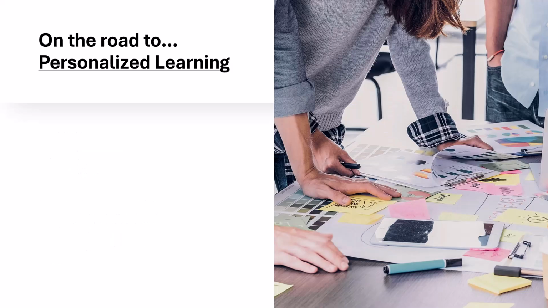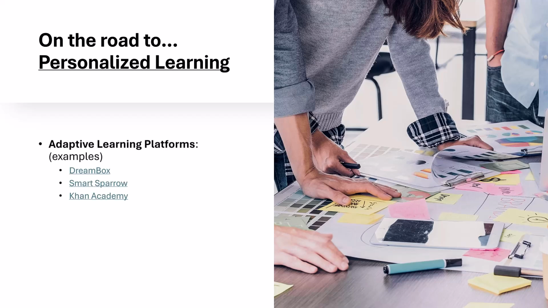Okay, where is this taking us? This is taking us on the road to personalized learning. Adaptive learning platforms are launching, and what does this mean? This means that the information is going to be much more individualized for the student.